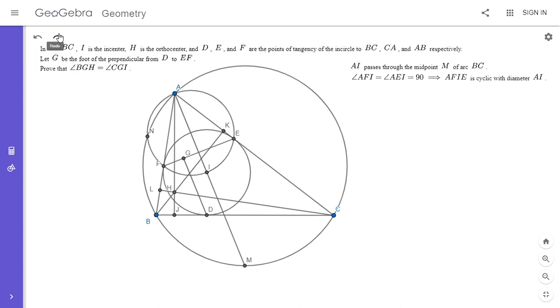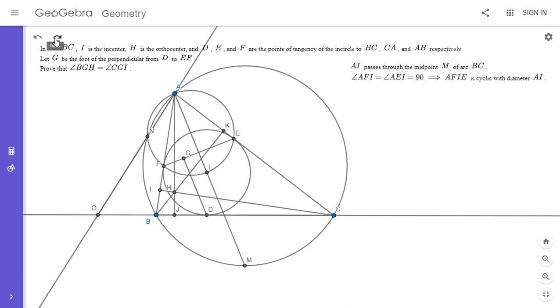And now what I'm going to do, this is still part of the Sharkydevil configuration. I'm going to let AN meet BC at another point, which I'm going to call O. All right. And also, by the incenter-excenter lemma, which I've covered on my channel a couple of times, M is the circumcenter of triangle BIC.